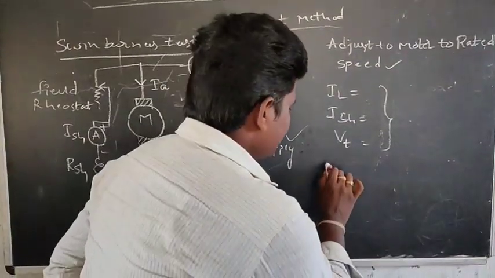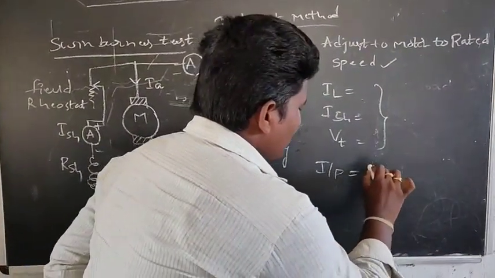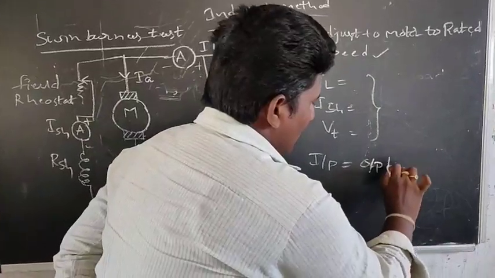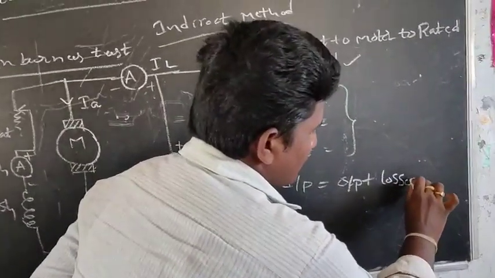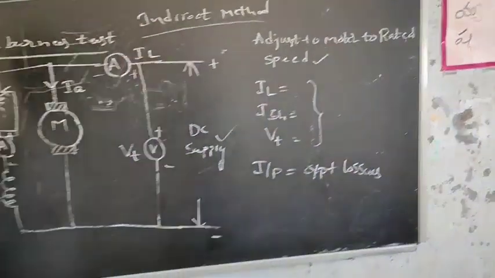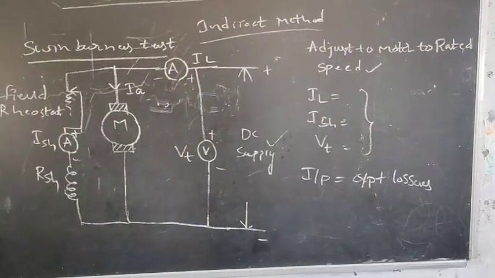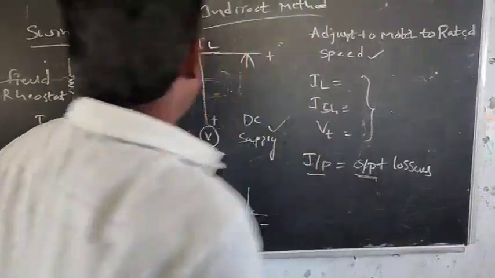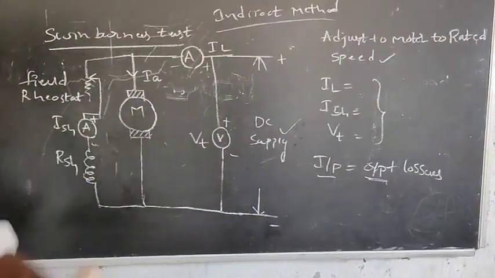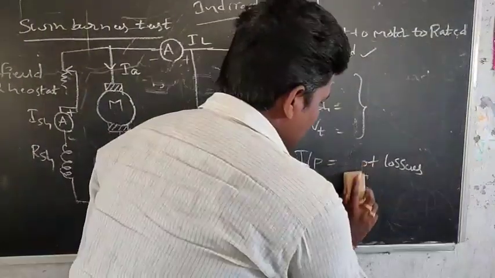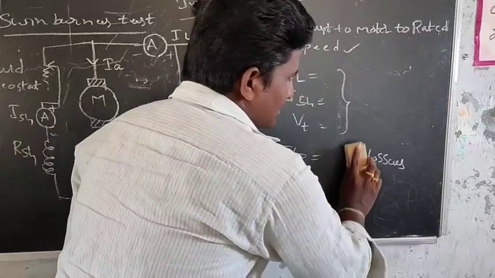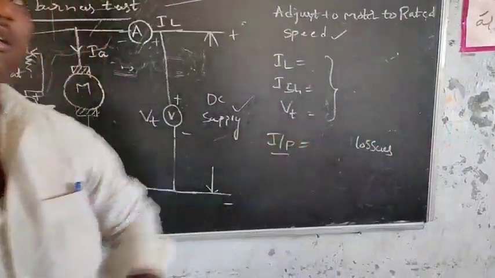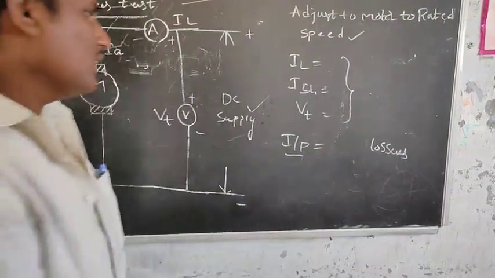Input equals output plus losses. Without any loading, the output is 0. That's why input equals losses.